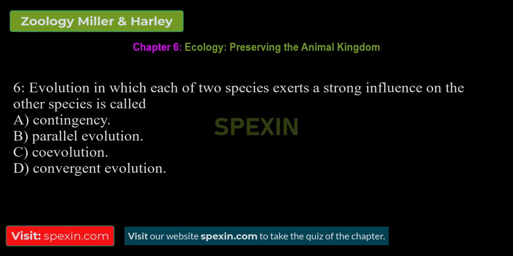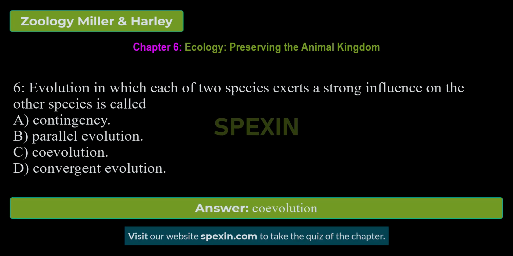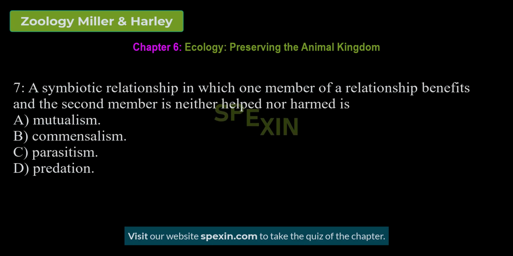Evolution in which each of two species exerts a strong influence on the other species is called contingency, parallel evolution, coevolution, convergent evolution. Correct answer: coevolution. A symbiotic relationship in which one member benefits and the second member is neither helped nor harmed is mutualism, commensalism, parasitism, predation.